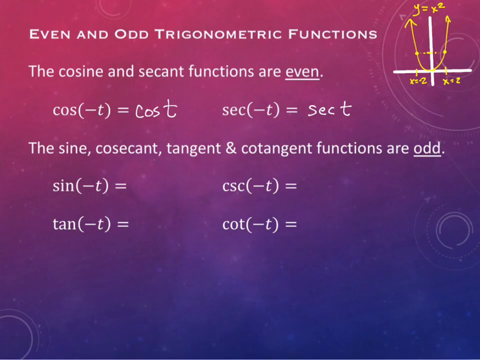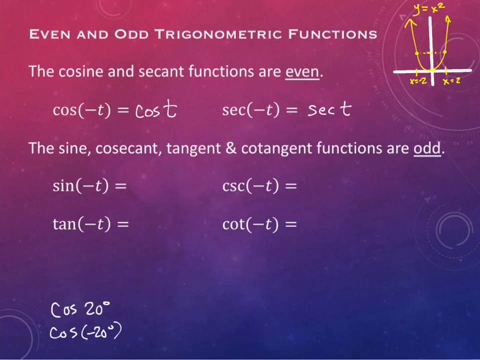Just pick an angle, 20 degrees, 50 degrees, whatever you want. Put in cosine of that value, and then cosine of the negative of that. So let's just do 20. Try putting in the cosine of 20 degrees and the cosine of negative 20 degrees. It should give you the same y value. Does it? The output should be the same either way. That's what even functions do. They are irrelevant of whether it's a positive or a negative input.